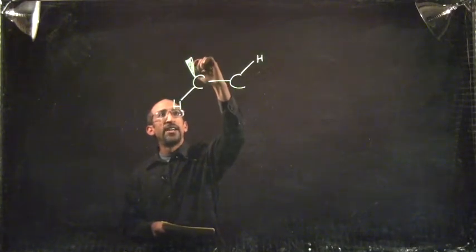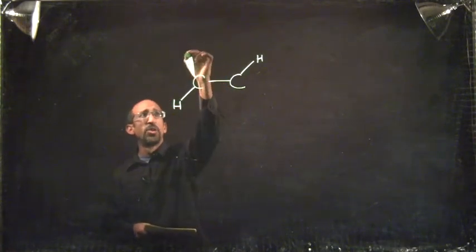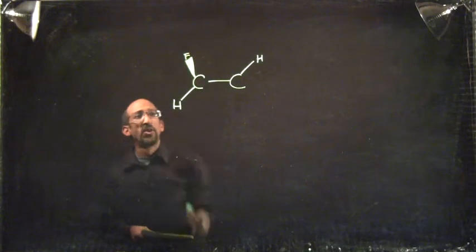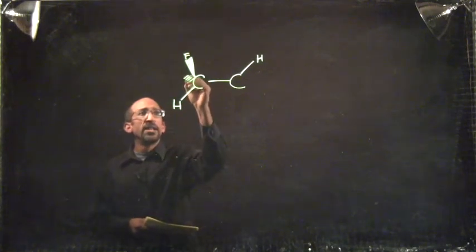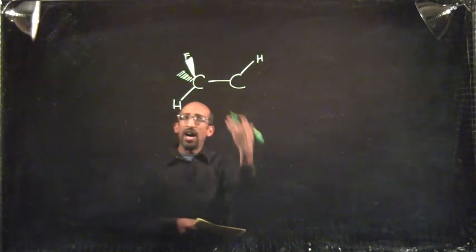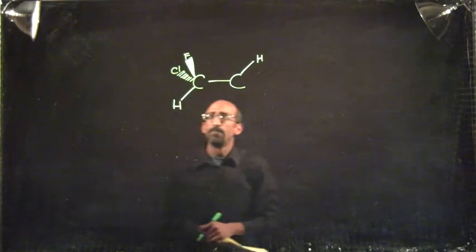So this means that the atom connected to this bond is sticking out of the board towards you, a fluorine atom, and coming behind the board towards me, a chlorine atom.